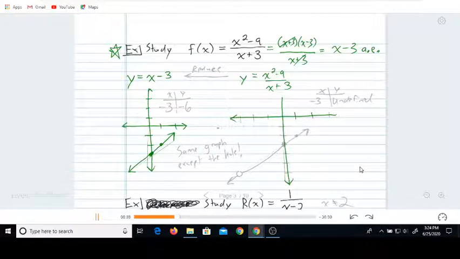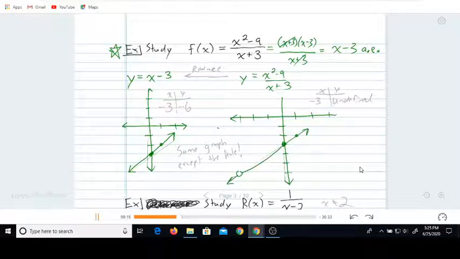Sorry, one second. Let me just go ahead and get my Cartesian plane set up. Still has a y-intercept at negative 3. And then at negative 3, negative 6, right there, there will be a hole.